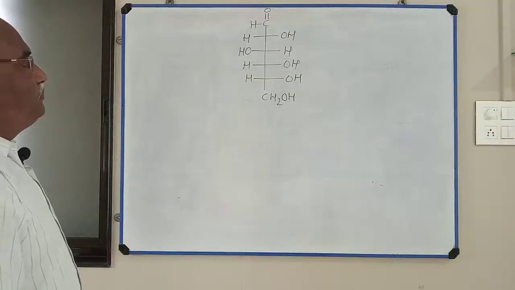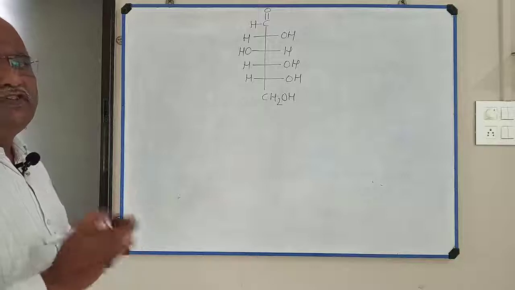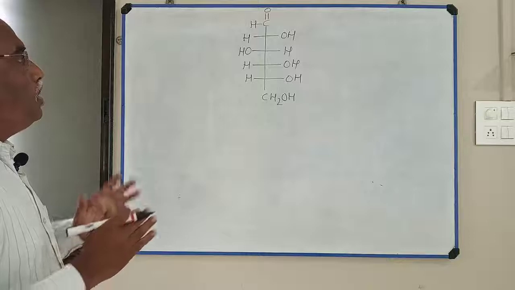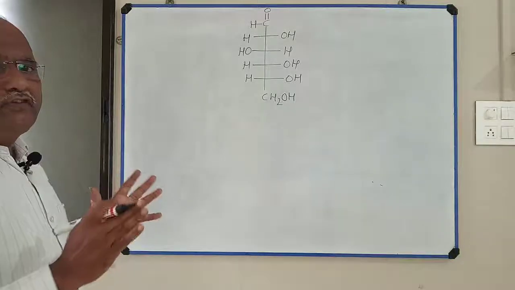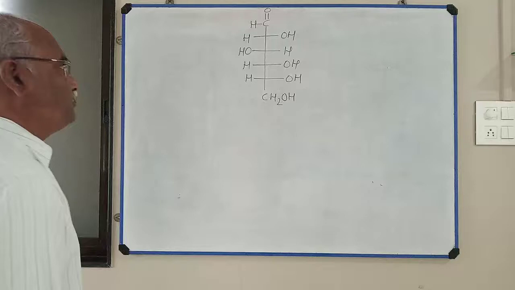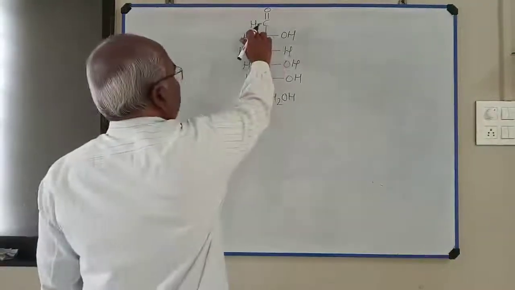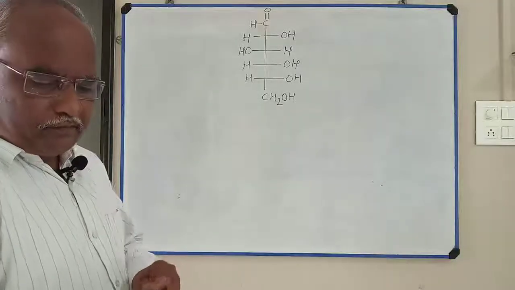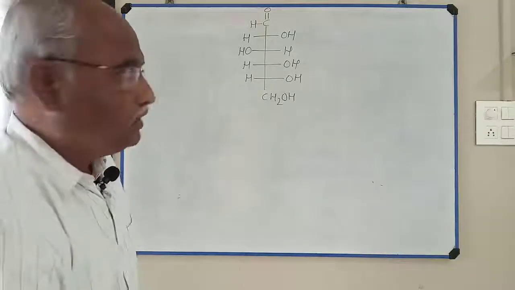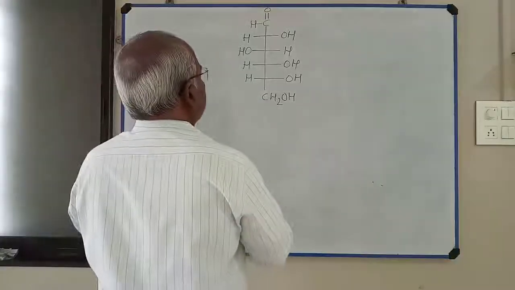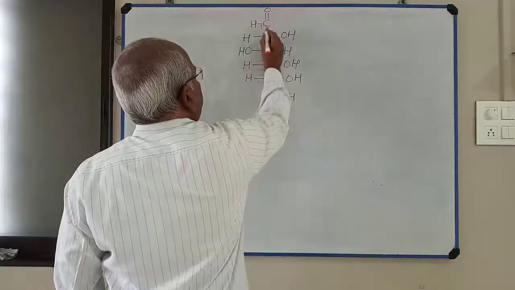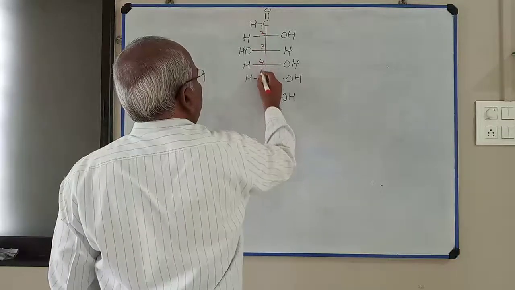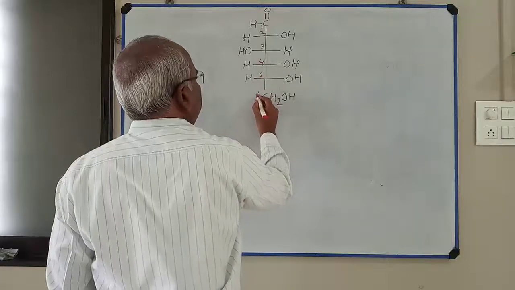This is C6H12O6, open chain structure of glucose or Fischer projection formula of glucose. This aldehyde group I wrote in this way. Now you try to understand. This is carbon number 1, this is second carbon, third, fourth, fifth and sixth carbon.